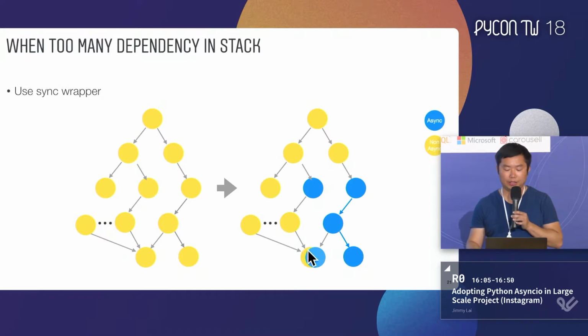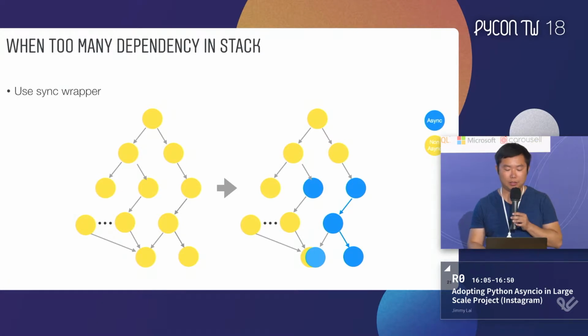So if the target function has a lot of callers, then your change set would be too big, and it will be hard for code review and commit.